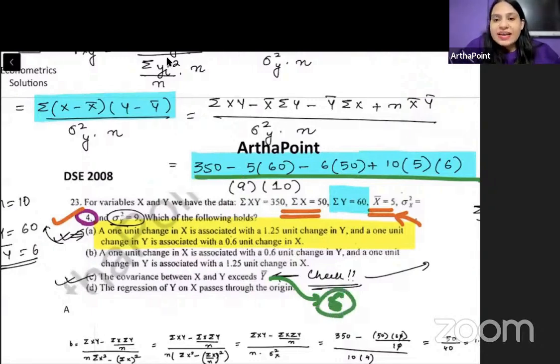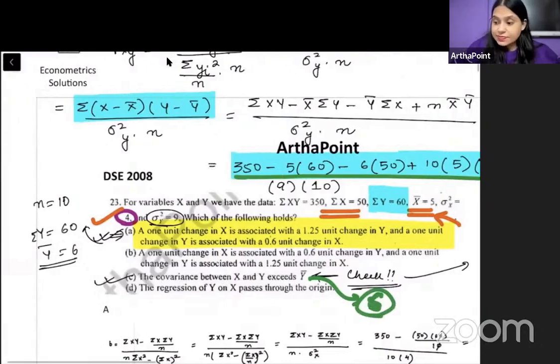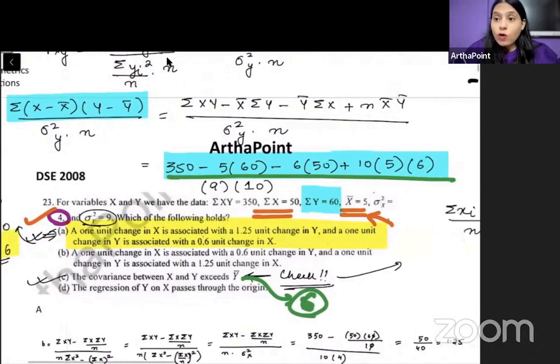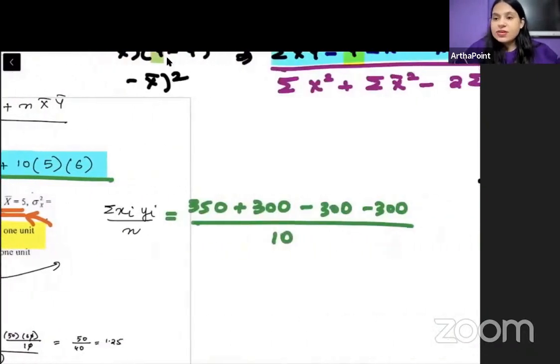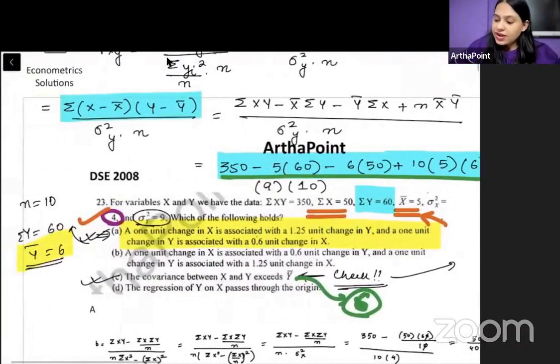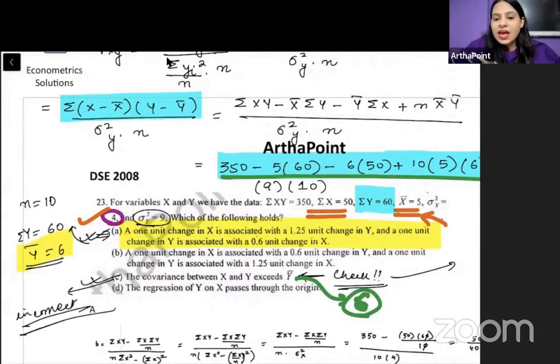So mean of y is coming as 6. The covariance, if you solve this, is not going to exceed 6, isn't it? So we can say that this option is incorrect. Option C is incorrect.